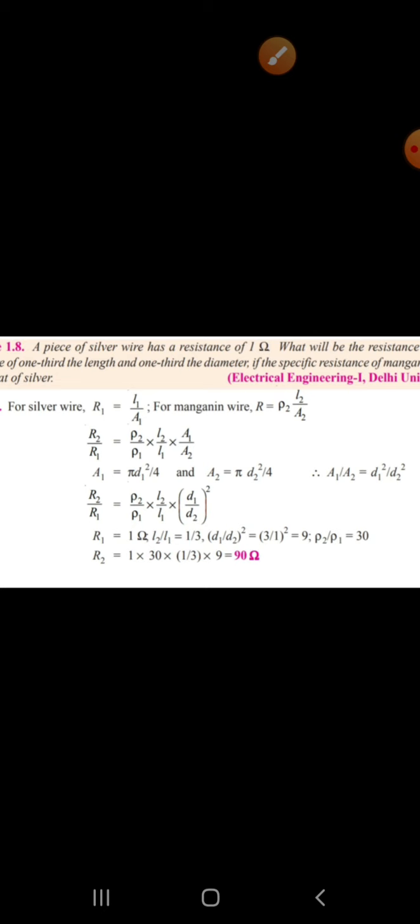So after putting the data, we can derive R2. R2 will be 1 into 30 into 1 by 3 into 9, which is 90 ohm.